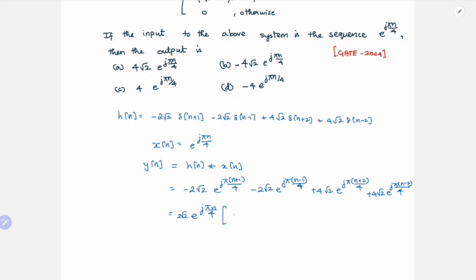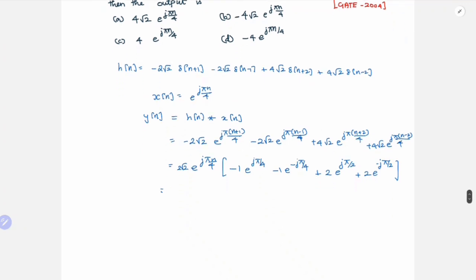So you are left with minus 1 e power j pi by 4 minus 1 e power minus j pi by 4 plus 2 e power j pi 2 by 4 plus 2 e power minus j pi by 2.